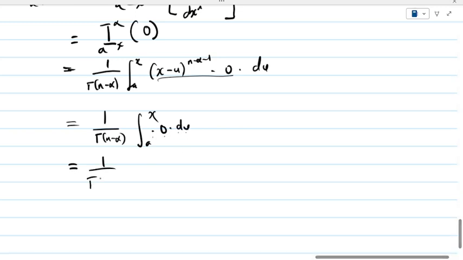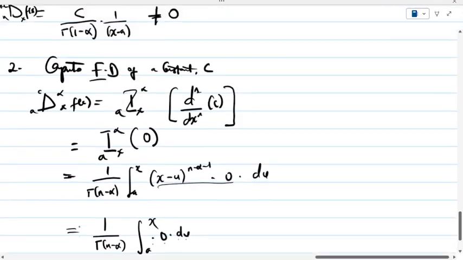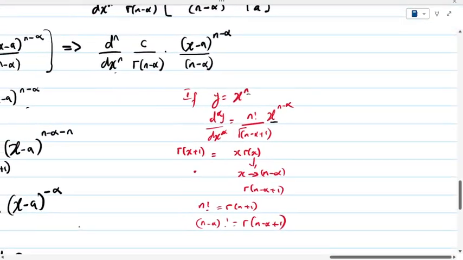So here we have 1 over gamma n minus alpha times 0, and this equals 0. So this is the fractional derivative of a constant using Caputo fractional derivative, and we see this to actually be a fantastic one.